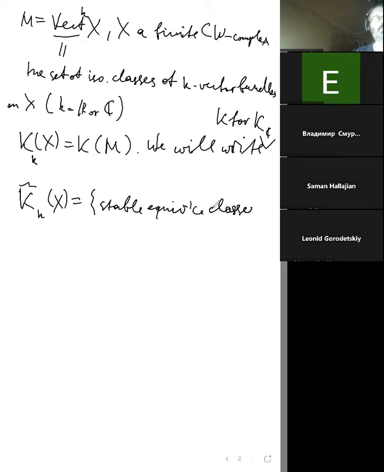And the operation in M is just the Whitney sum, or the direct sum of vector bundles. So what is a stable equivalence class? Okay. Let me give the following definition.